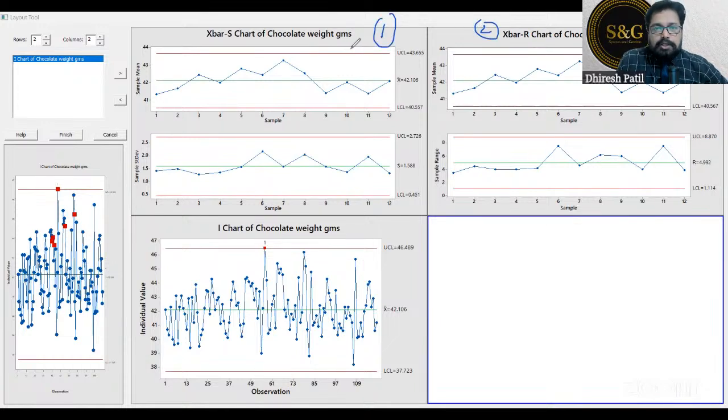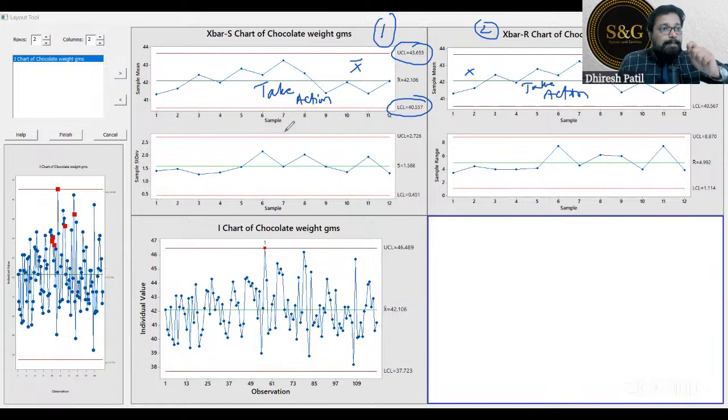So whenever data goes beyond the upper and lower control limit of the X bar chart, take action. Here also you take action. Just investigate and immediately bring it down.